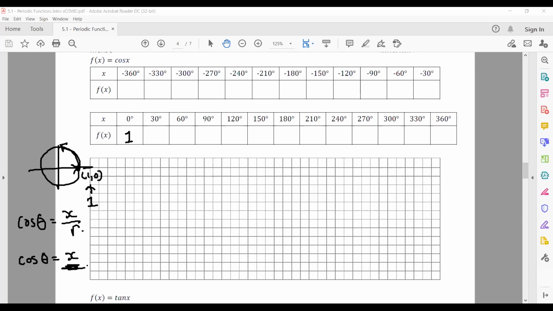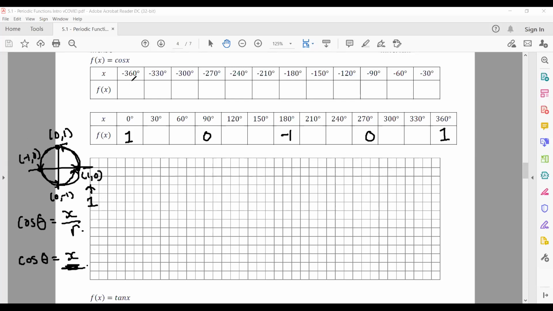When I rotate 90 degrees, my x value is 0. And when I rotate around to 180, my x value here would be -1. And when I rotate 270 degrees, my x value will be 0. And then when I turn a full 360, my x value goes back to 1.